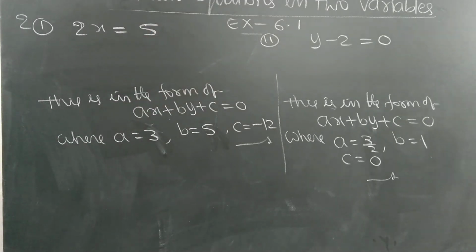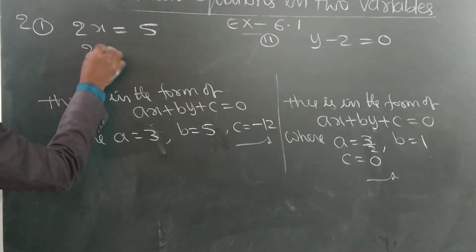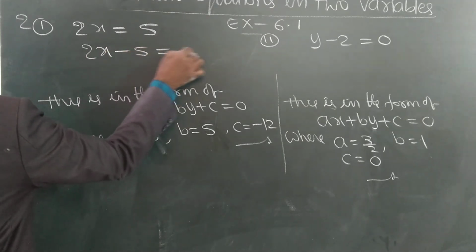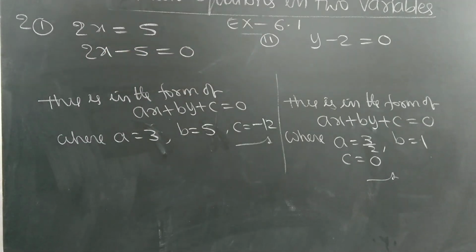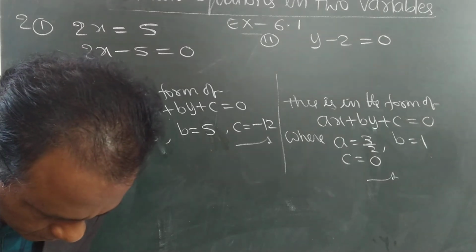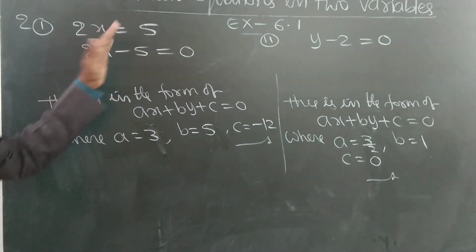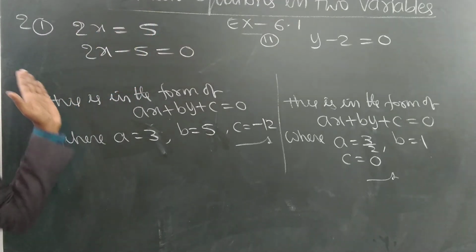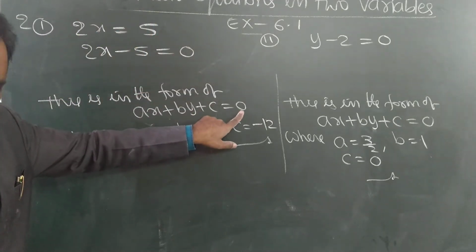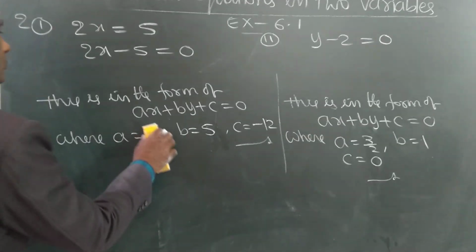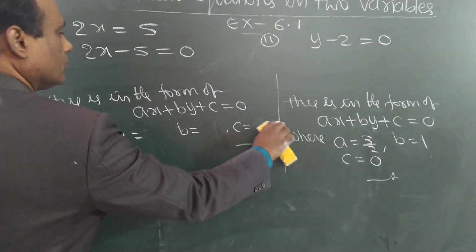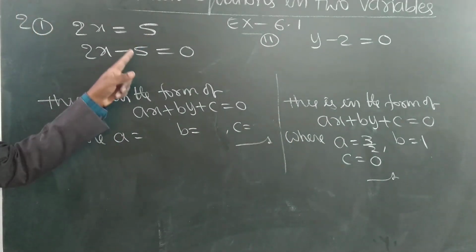Same model. Take plus 5 to the left side, 2x minus 5 is equal to 0. That's all. All the terms should be taken to the left side, right side only 0. That is our standard form.